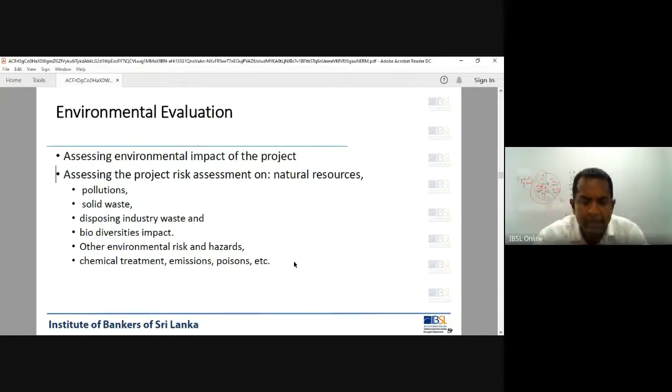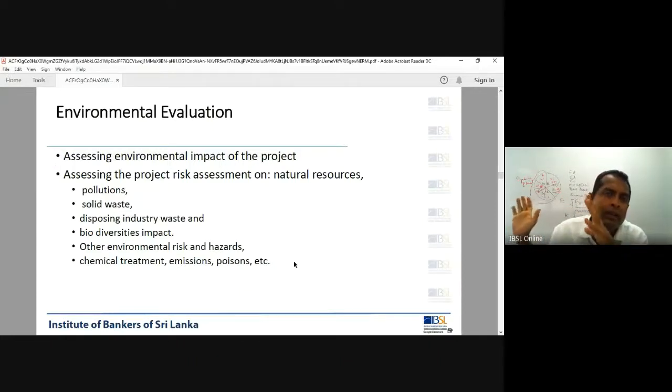When you are evaluating a project, you have to look at it. So you need to have the environmental protection license, environment impact analysis. Based on the size of the project, you have to decide whether you need the environmental protection license or environment impact analysis first.